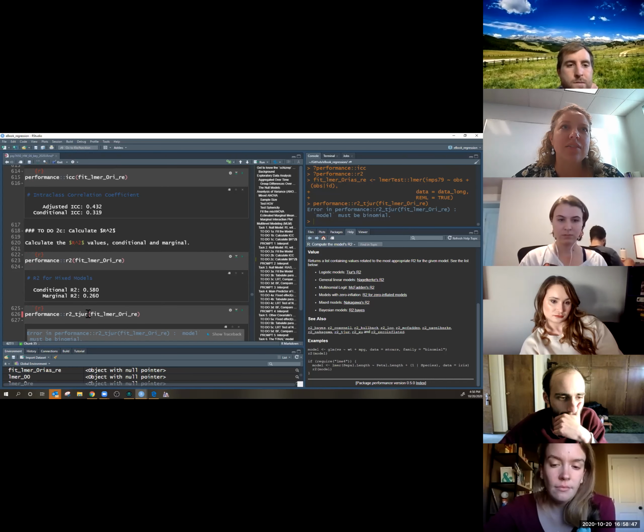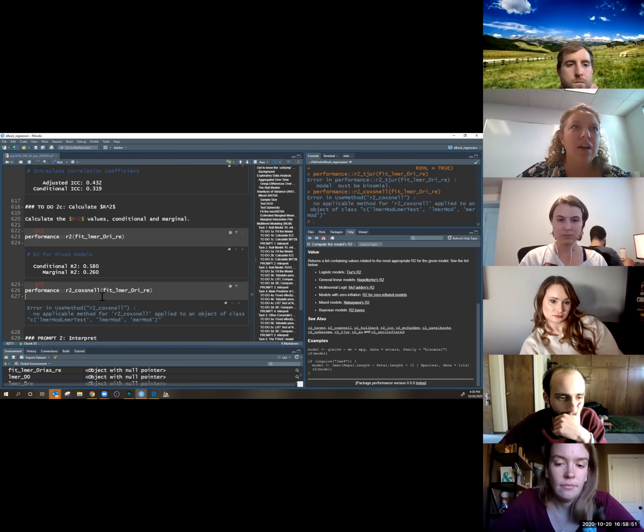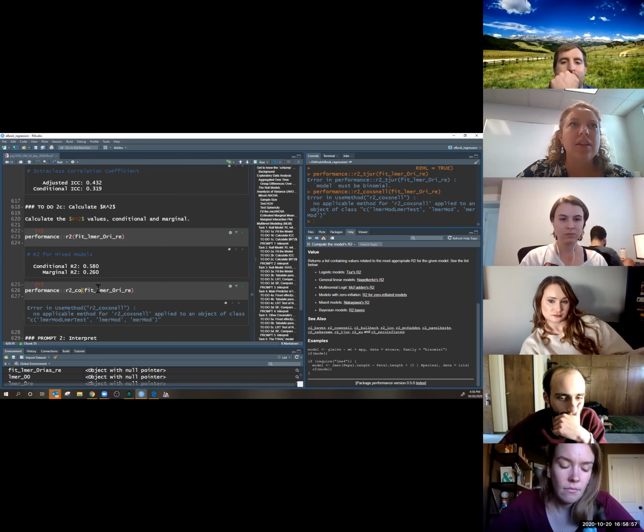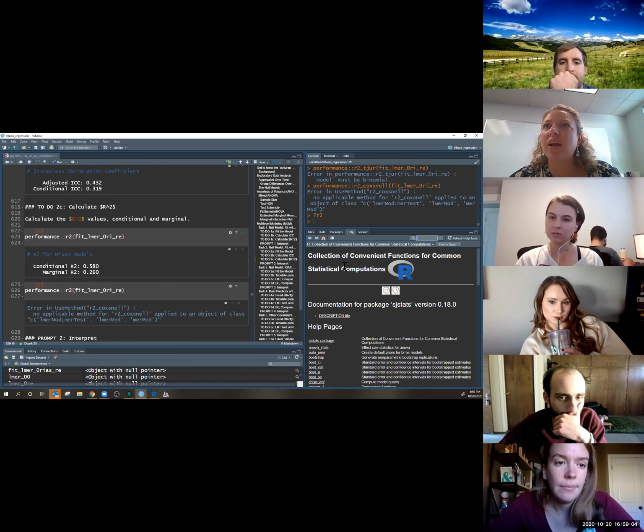Let's see if it'll do a Cox-Snell. Some of these cannot be applied to every kind of model. There is an R squared in another package. SJ stats is deprecated. There are a couple more.